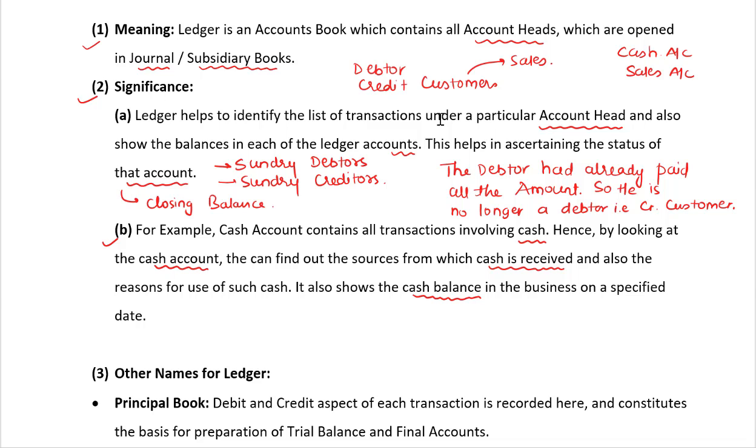So in the cash account, we see all the receipts in cash, payments in cash, and the closing cash balance. Is it clear till here?